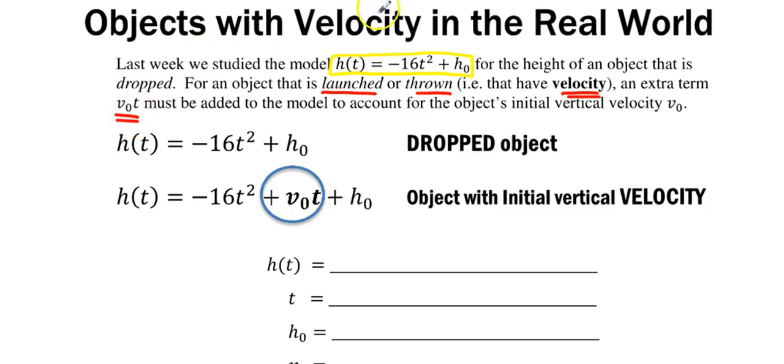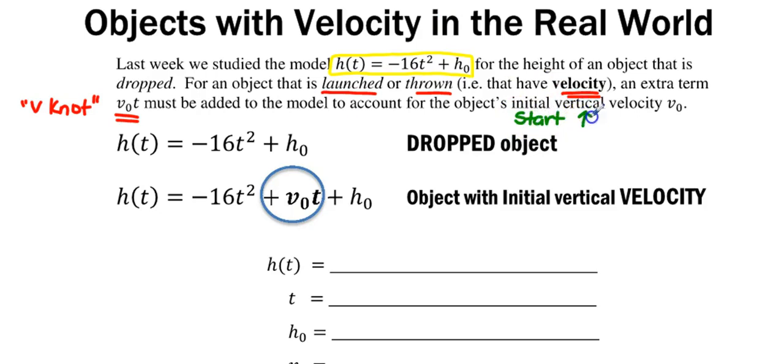And just like before, when it was h with the little zero, that was h naught, we're going to call this v naught. And that needs to be added to our model to account for the object's initial vertical velocity. So initial means start, the starting velocity.